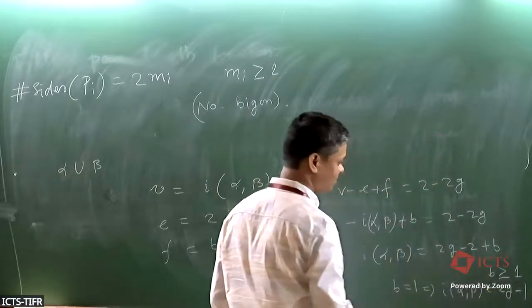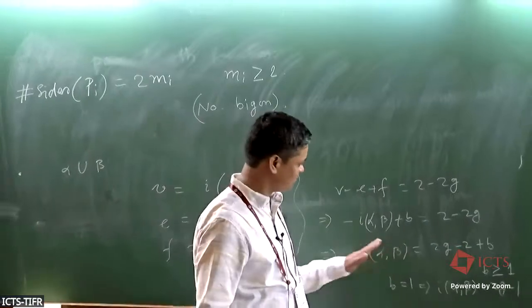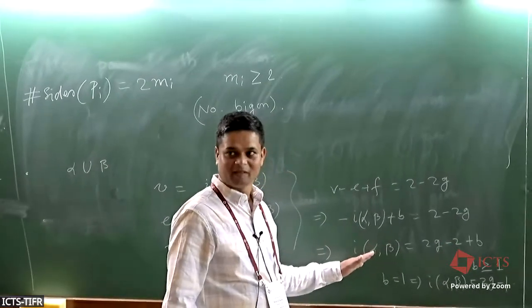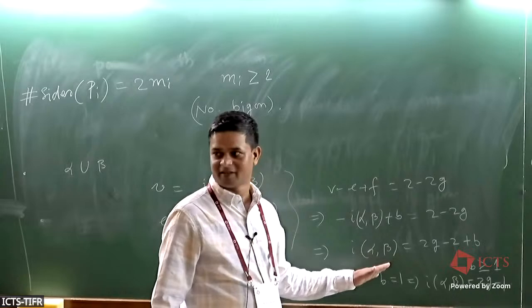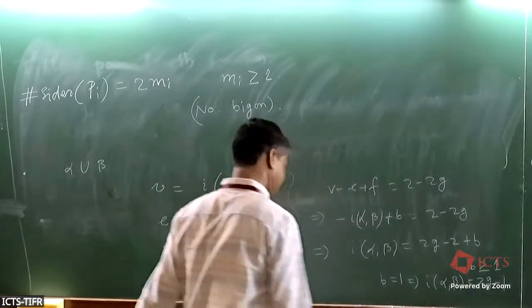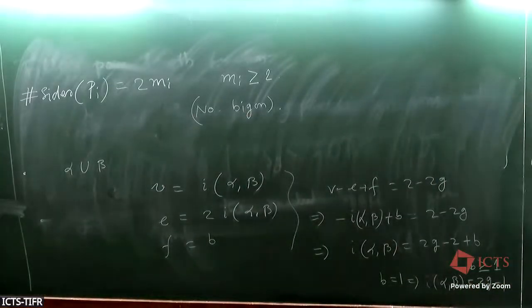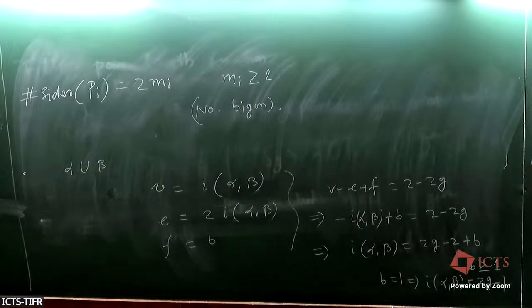This is the minimum number of intersection points, and in such a case alpha and beta is called minimally intersecting. So that's why for B equal to 1, the filling pair is called minimally intersecting.